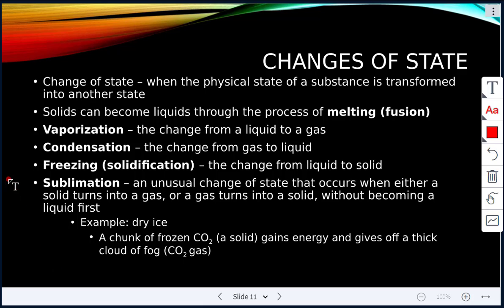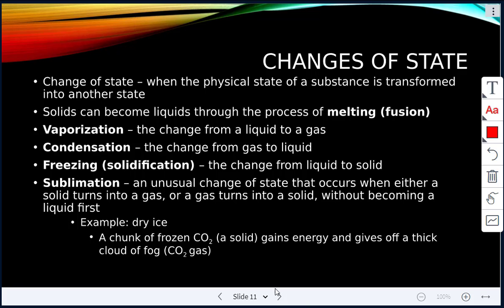Sublimation is a change of state that goes directly from a solid to a gas or a gas to a solid without becoming a liquid first. For example, dry ice, a chunk of frozen carbon dioxide, which is a solid, it can gain enough energy and then give off a thick cloud of fog or carbon dioxide gas, and it doesn't go through the liquid phase at all.